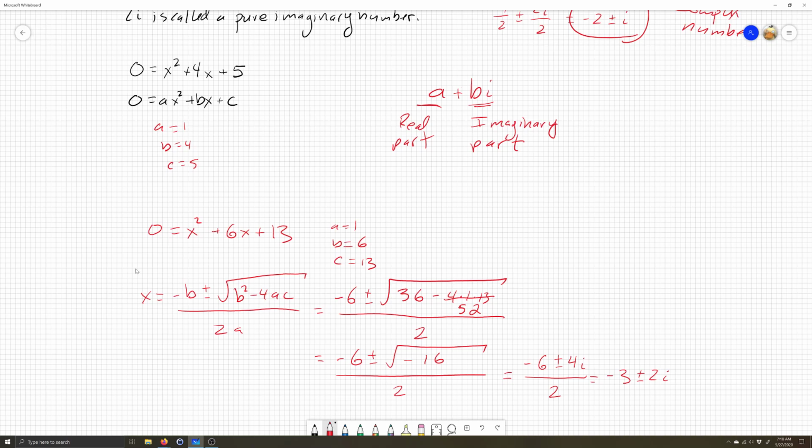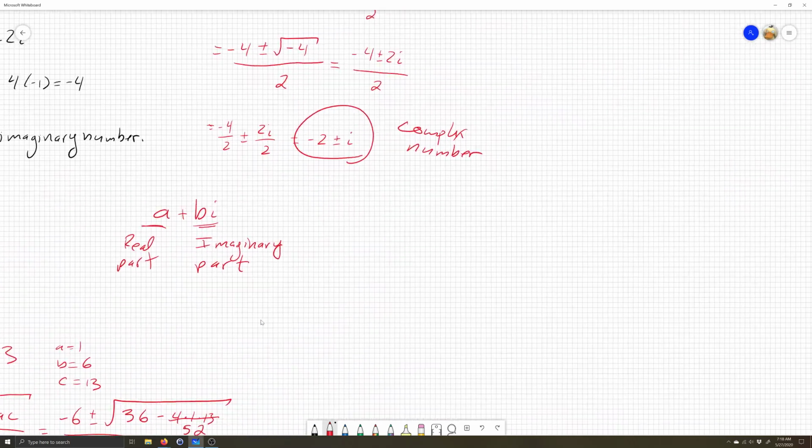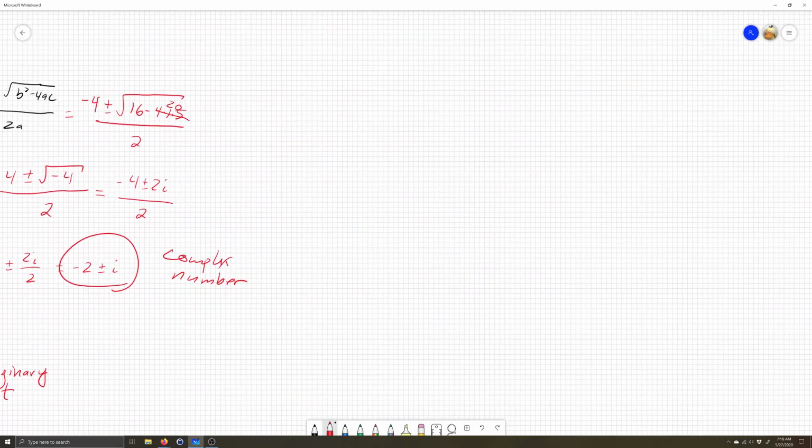Now I want to talk about doing some arithmetic with complex numbers, because what I'd like to do, for example, is check my claim that x equals 2 plus i is a zero of x squared plus 4x plus 5.